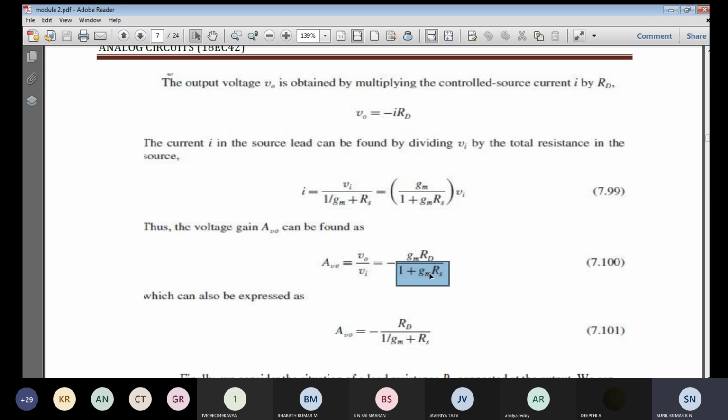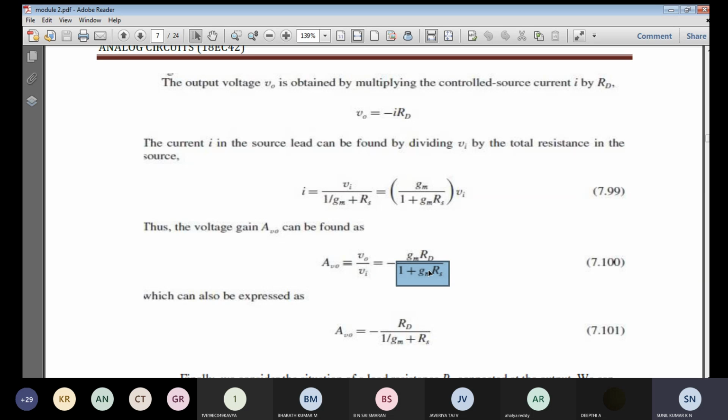The disadvantage of employing negative feedback is that the gain reduces. At the same time, the advantage is that the bandwidth increases; you get an extension of bandwidth.